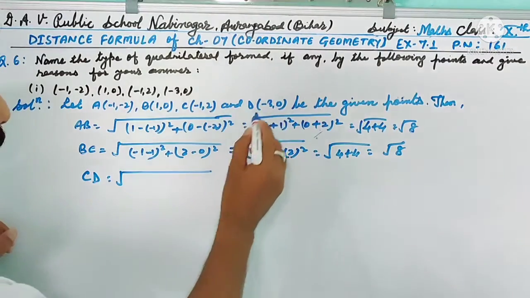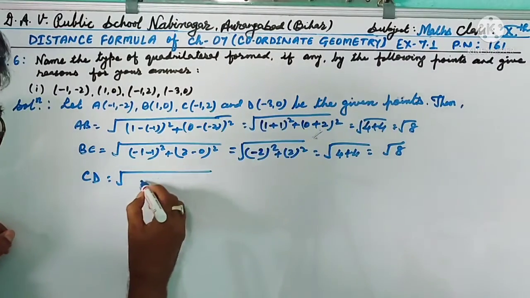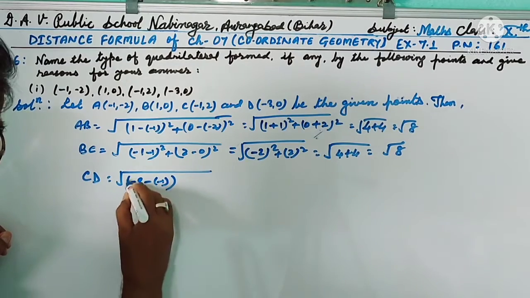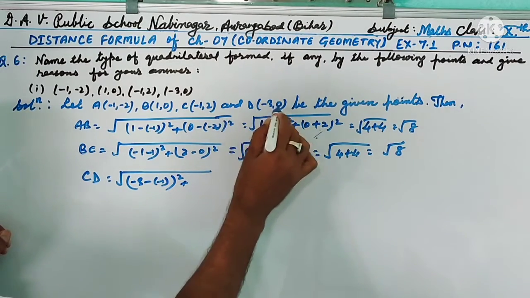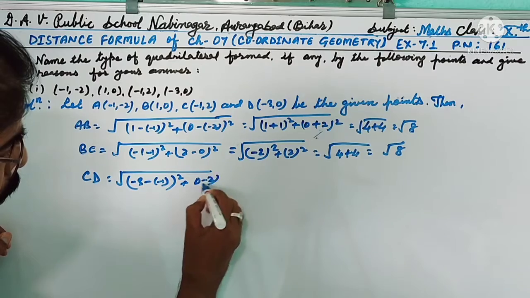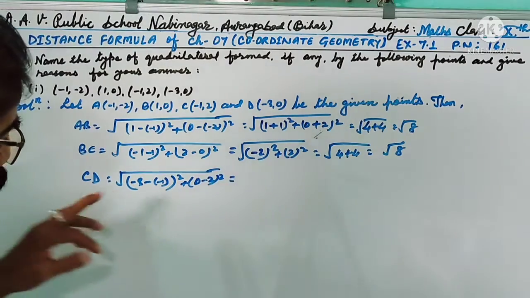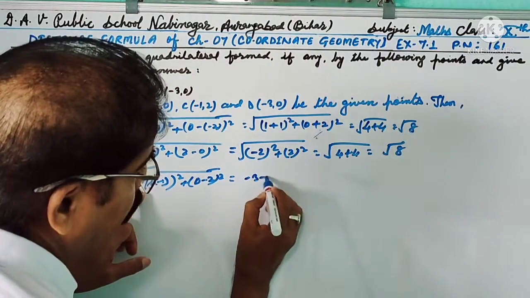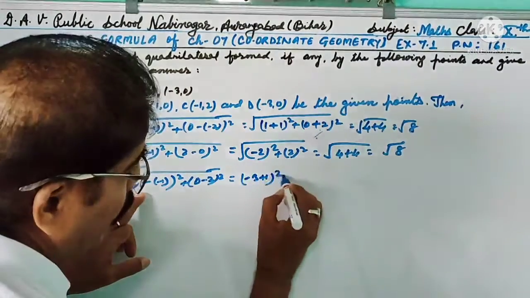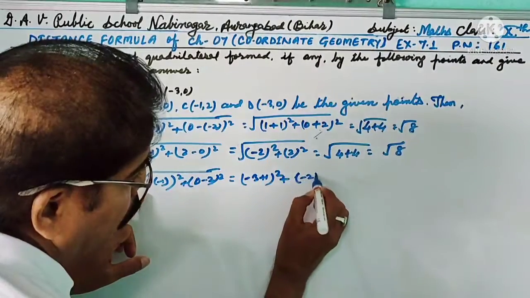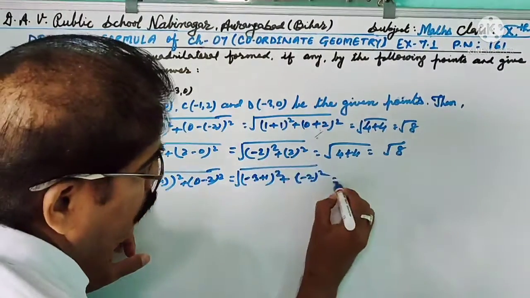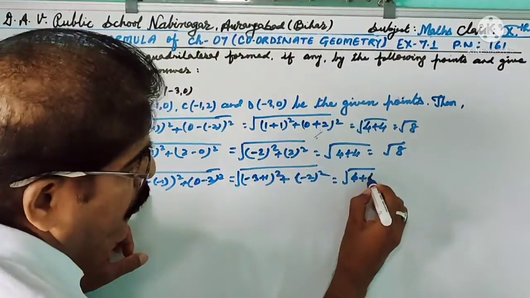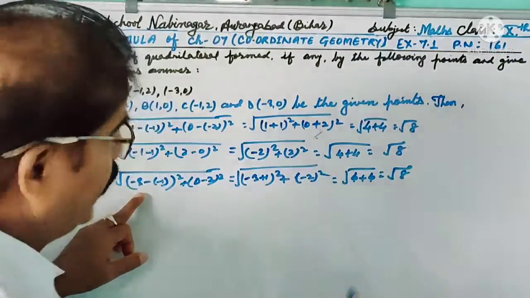BC, and CD equal to square root of (-3 minus -1) square plus (0 minus 2) square, that is (-3 plus 1) square plus (-2) square, square root of 4 plus 4, that is root 8.